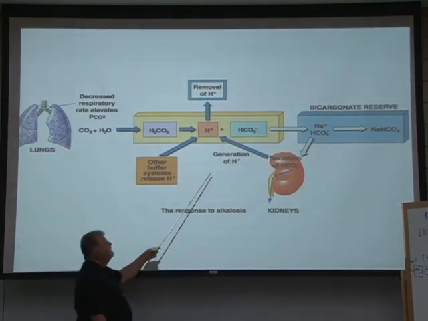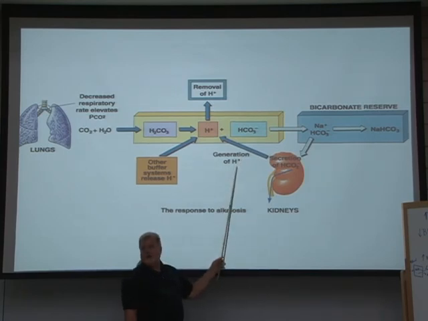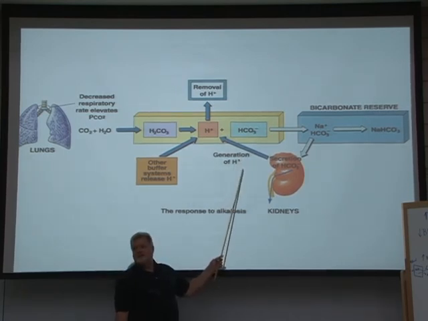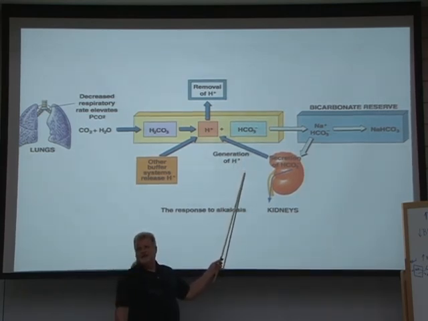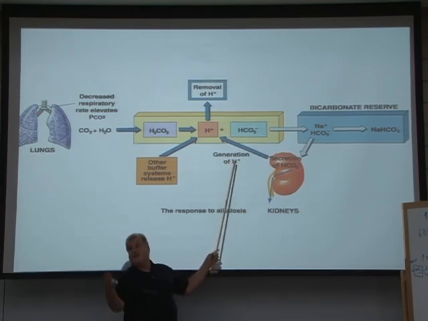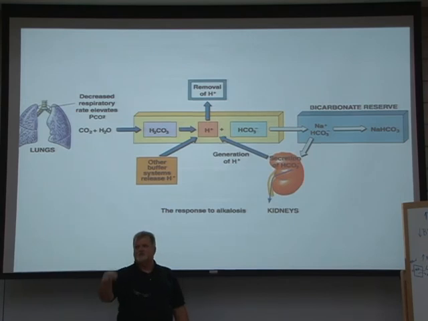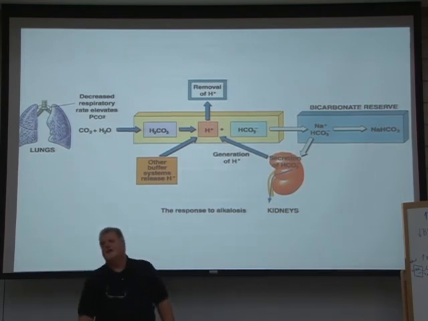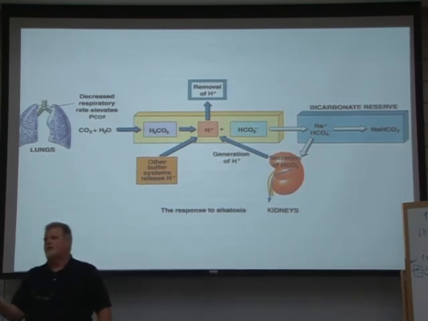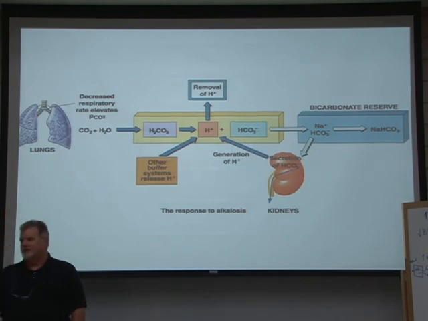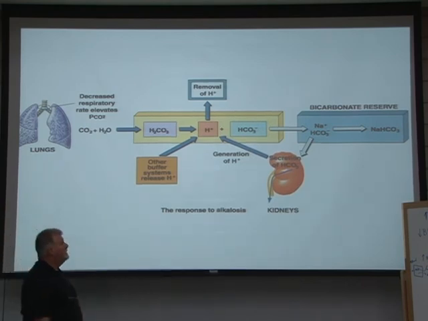And in the kidney, would it want to secrete hydrogen ions? No, it would want to stop secreting hydrogen ions. And if it can generate hydrogen ions, that would be even better. So the intercalated cells would stop secreting hydrogen ions into the urine. So the patient's urine would become more and more basic when we would test it.